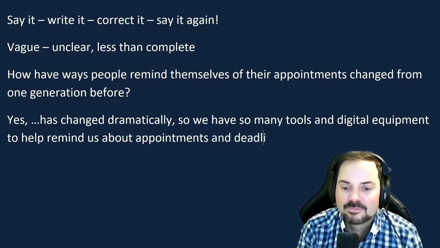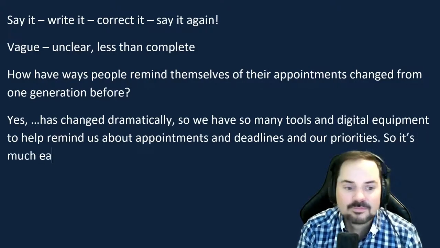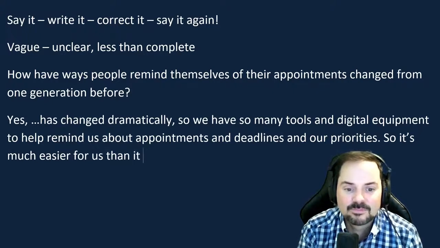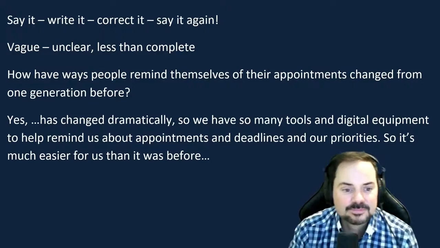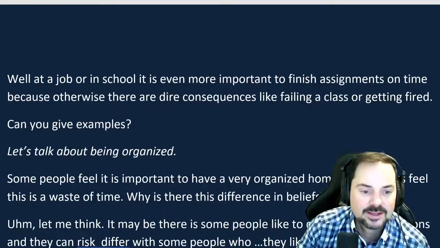So it's much easier for us than it used to be before. Our parents used written calendars or some kind of reminders or telephone calls to remind somebody about something. But in our case, it's much easier. We even have a choice.